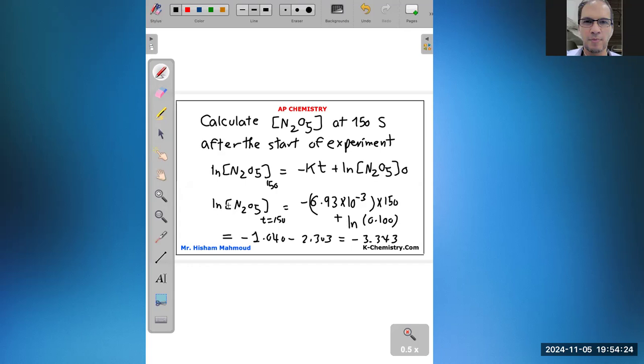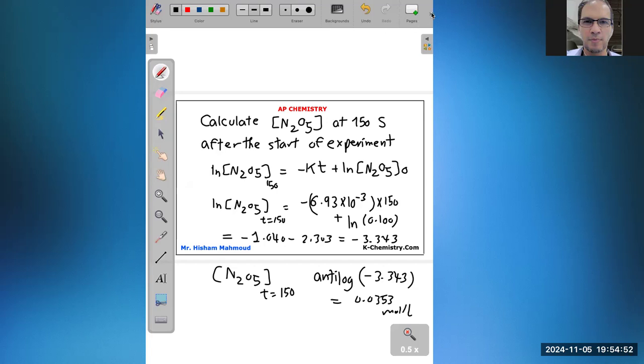And this is the ln. So if you want to find N2O5 at time 150, you just get the anti-log of this value. That's equal to 0.0353 mole per liter. This is the concentration after the time has passed.